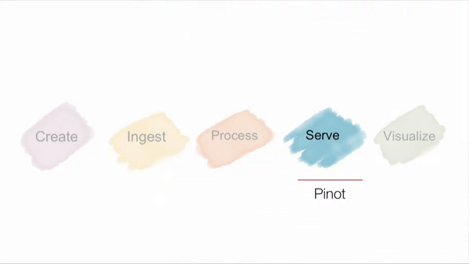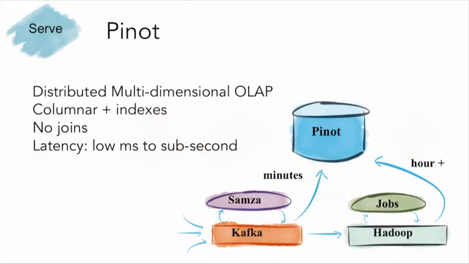Let me just quickly talk about the two aspects, which are serving and then visualize. I won't spend a lot of time there. For serving, we have a distributed multi-dimensional OLAP engine called Pinot. Again, I won't get into the details of the columnar stores and indexes. Most of you know that well.